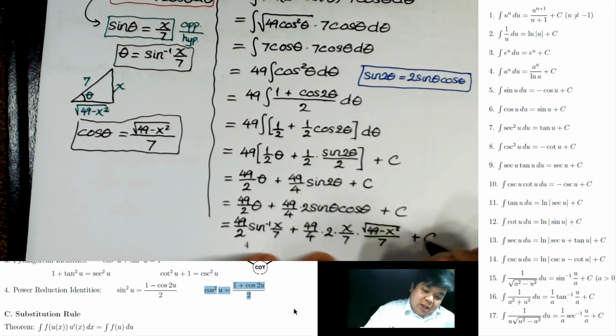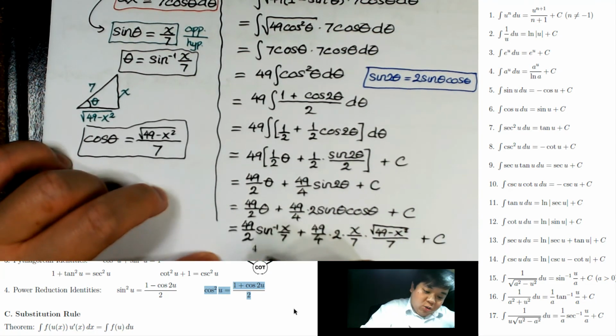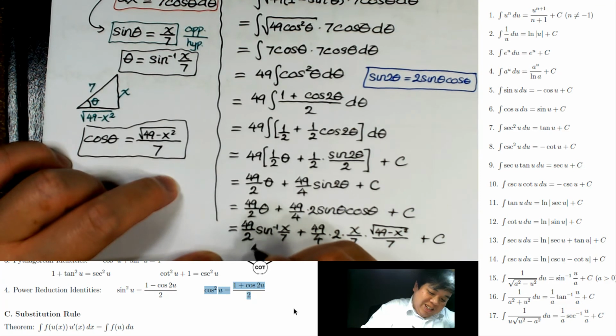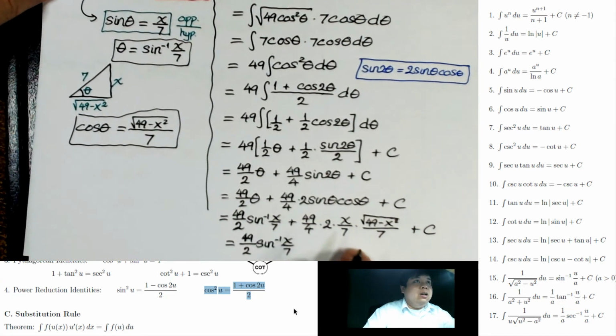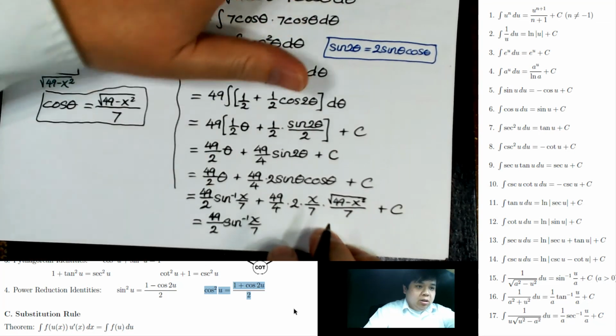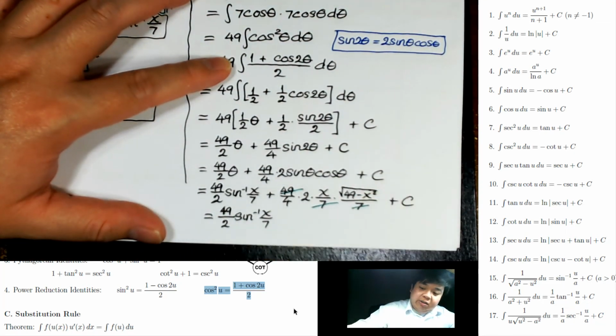Plus the constant C. There might be something to cancel, not the first one though. So 49 over 2 sine inverse of x over 7. The 49 will cancel with the 7 and 7, and 2 and 4, so that's just 1/2.